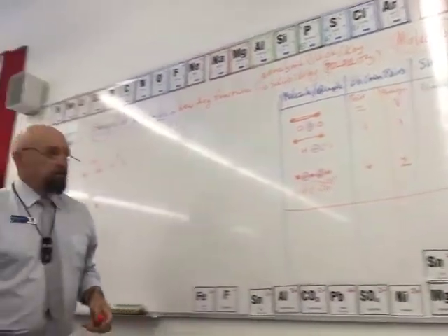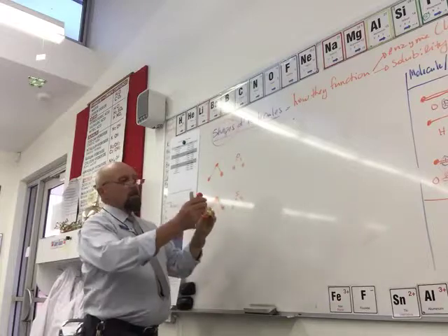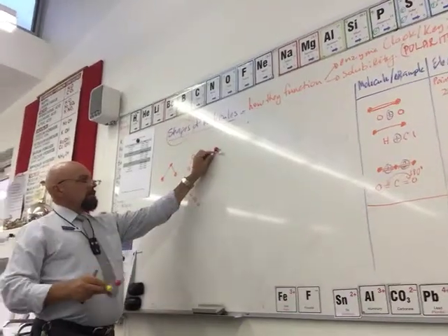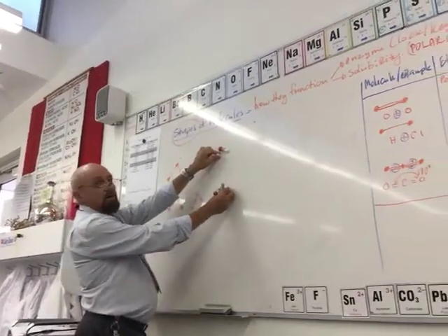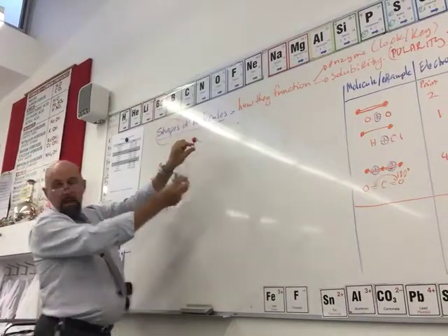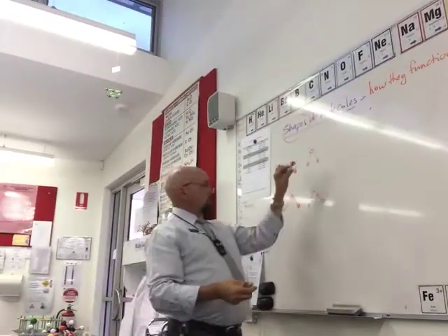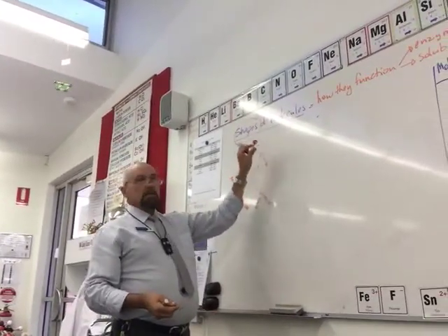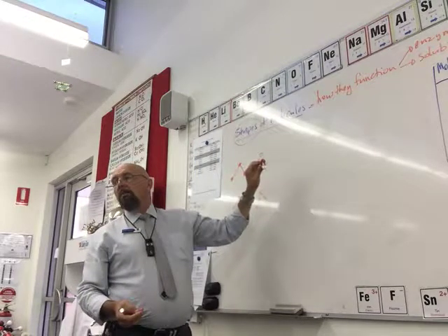Alright, the next shape, we've actually got two molecules we're going to work on now, which is water. There's our water shape, and here is our sulfur dioxide shape. Now, if I were to ask you to look at water as being the most simple of the two, how many sets of electrons are there around the water?